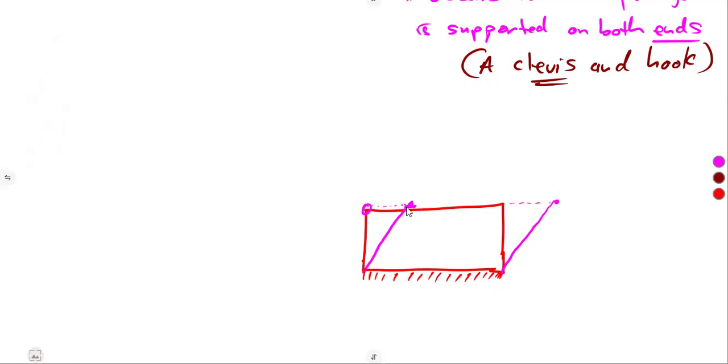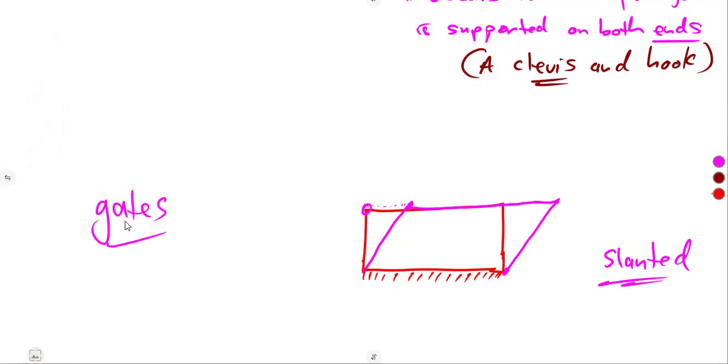So this is supposed to be on the same line here. Only that the shape is just slanted. Remember those old gates that we used to have, that after some time you see the gate now slanted.